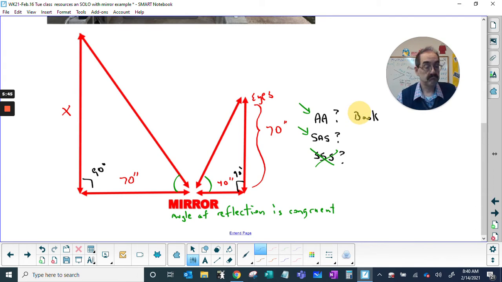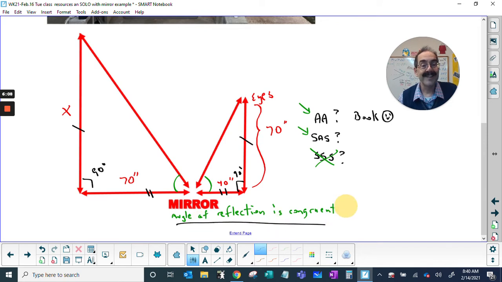Okay? You might convince yourself side, angle, side. But the book is going to want angle, angle because it's a fact. You may not have thought that because you didn't know that the angle of reflection was congruent.